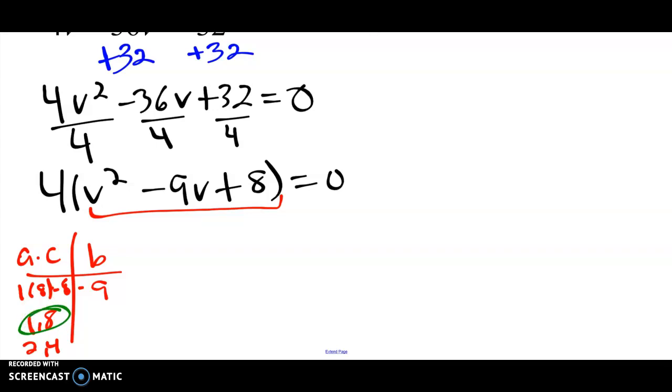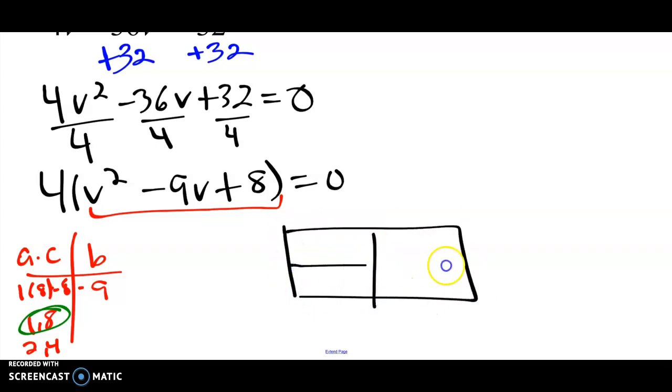So using the box method, the first term is v squared, the last term is 8, and the other two terms are negative 1v and negative 8v, because that equals negative 9v. What's in common as we go up?